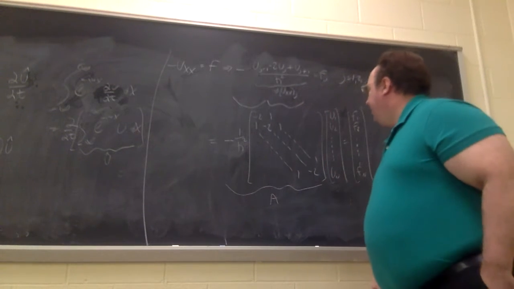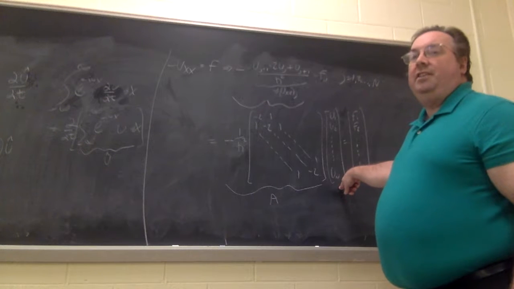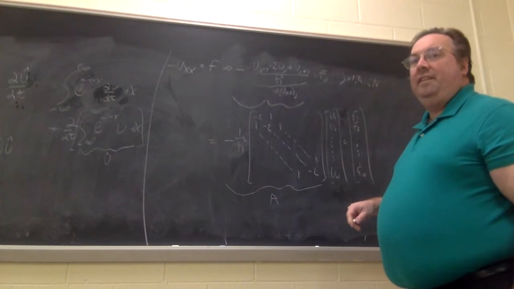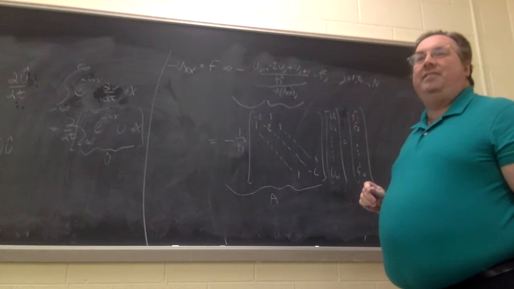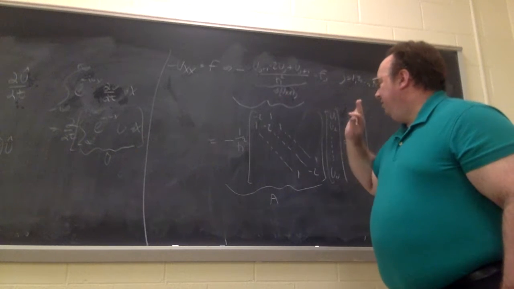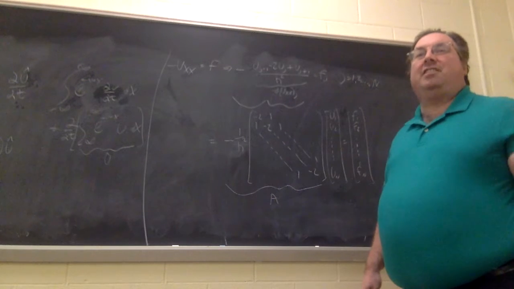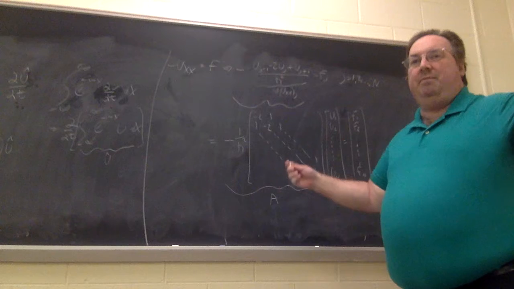And this is what you're trying to find, the u part. So you form that matrix, form this vector, and then you can use backslash to solve the system. And bam, there's your u.